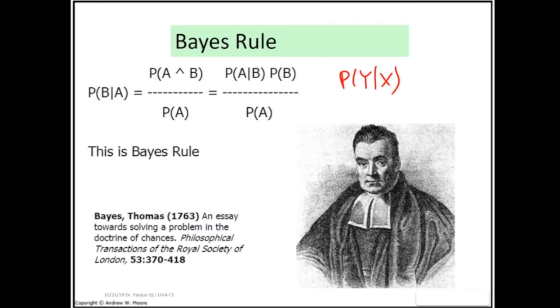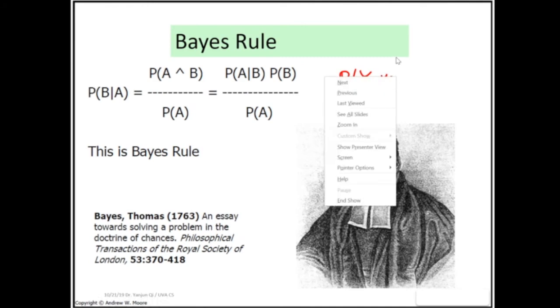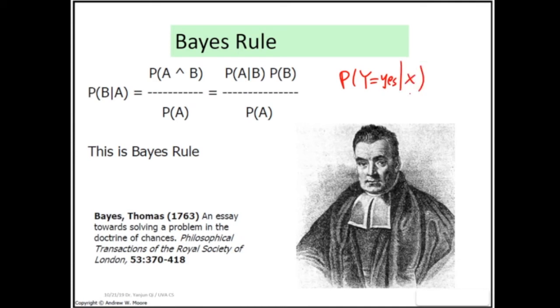And assuming it's binary, there are only two cases, so is P(yes) or P(no). So how do you get this? If I know P(Y equals yes conditional on X) versus P(Y equals no conditional on X), if this is larger, I'm going to predict my X into yes.